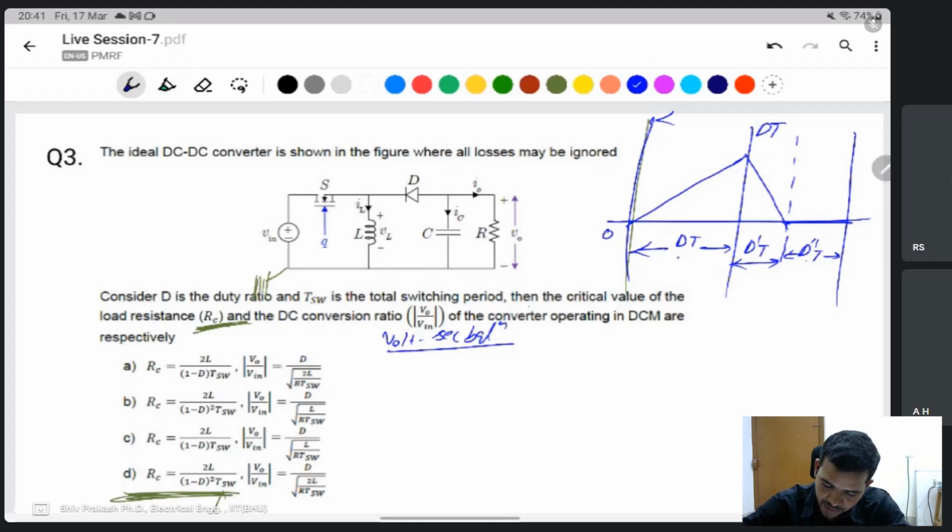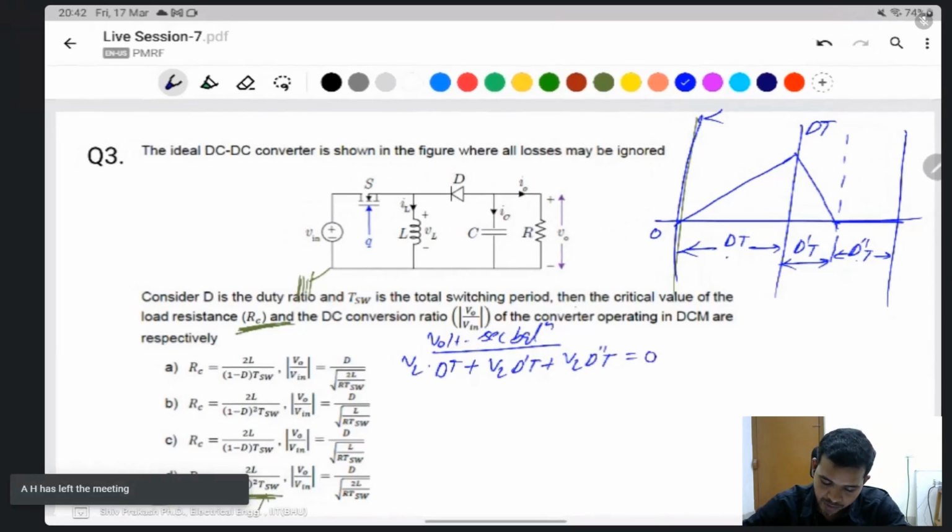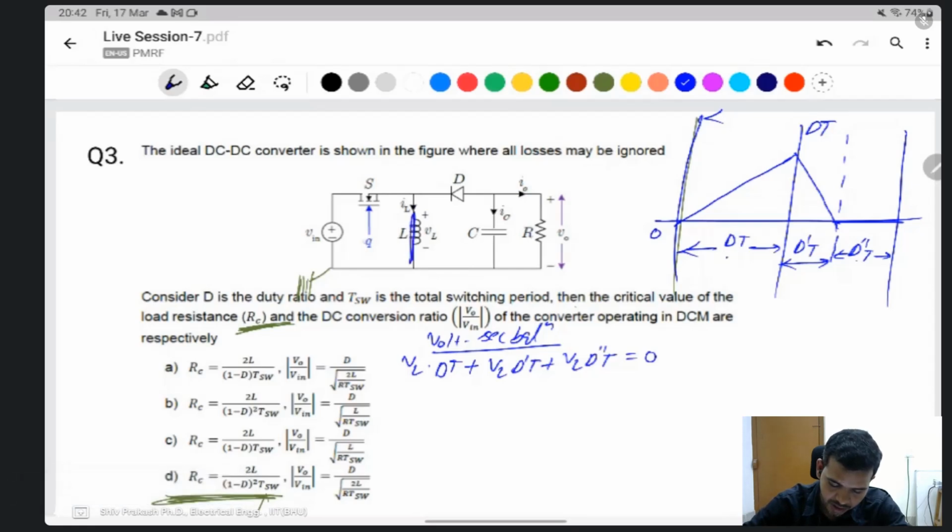Balance equation: VL into dt plus VL into d dash t plus VL into d double dash t is equal to 0. VL is the same as V in when the switch is on, it's connected like that. V in into dt. V in T is all canceled out.